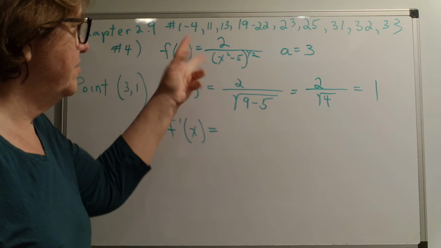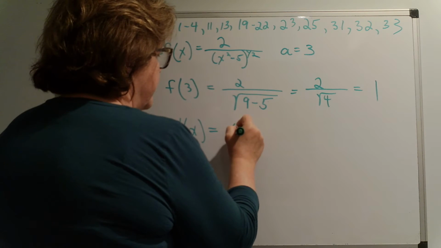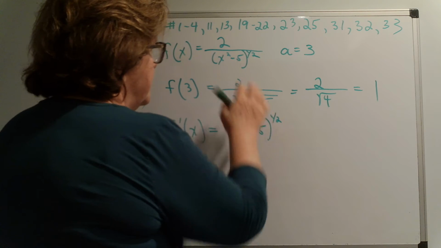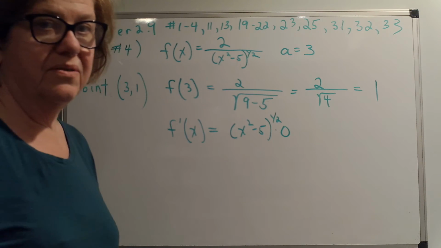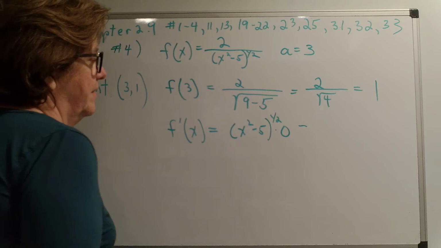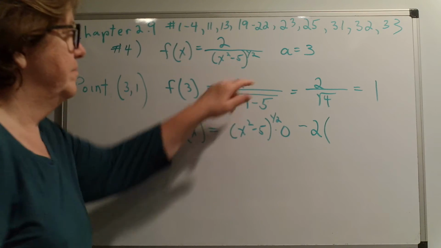Okay, and let's use the quotient rule. The bottom times the derivative of the top, the derivative of 2 is 0, minus the top times the derivative of the bottom.